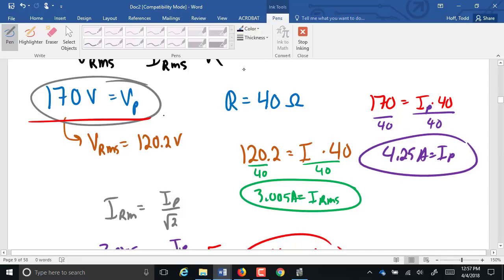So Ohm's law works both for peak and RMS. You just have to make sure that if you have one value as a peak value, the other value is also a peak value, and the same the other way around. If one of them is an RMS, the other one has to be an RMS.